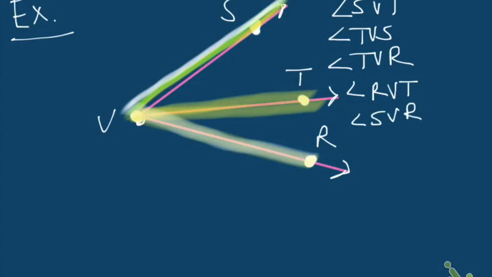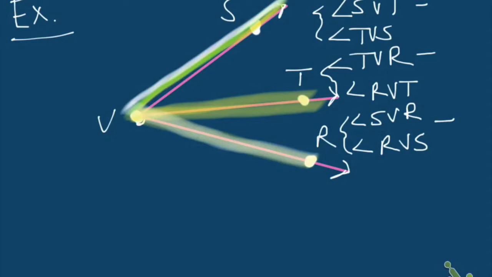Another name for angle SVR might be angle RVS. So from here we found three different angles, because remember these are the same, and these are the same, and these are the same. Three different angles out of this particular diagram with six possible names.